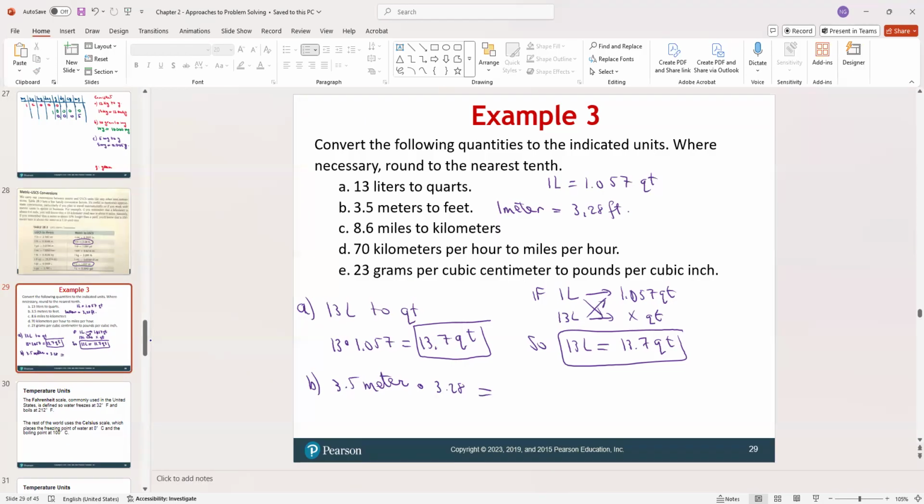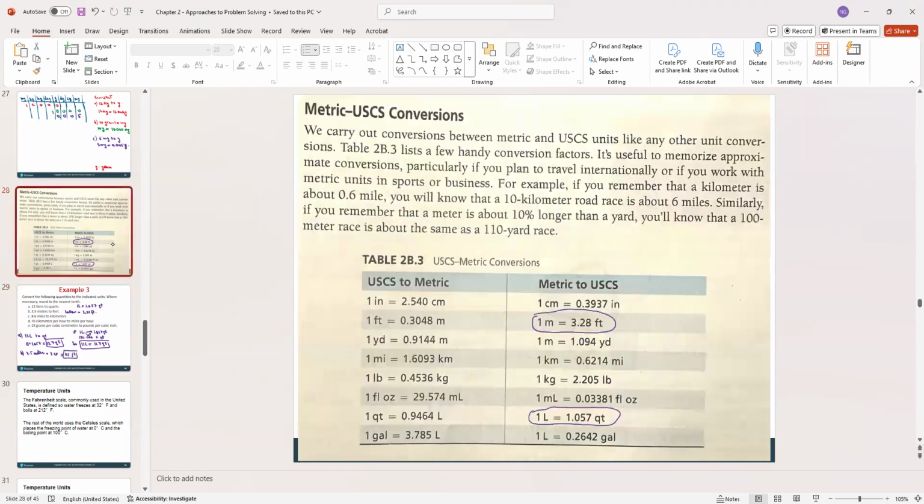So with your calculator, 3.5 times 3.28 gives you 11.5 feet. All right. And of course, you can go back to this table. Apologize for not including this table earlier. That's why it takes us so long.